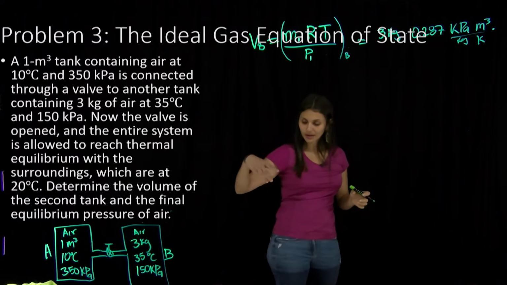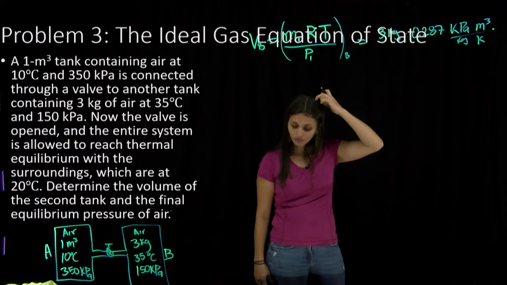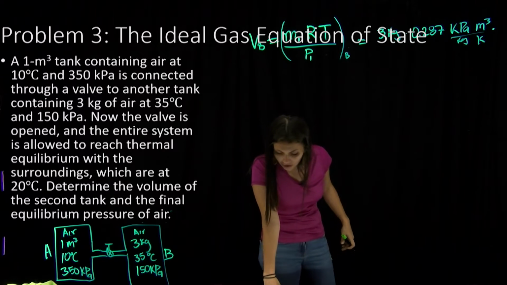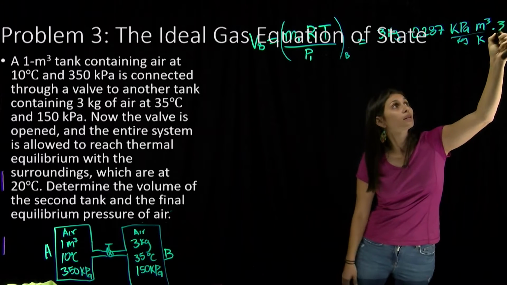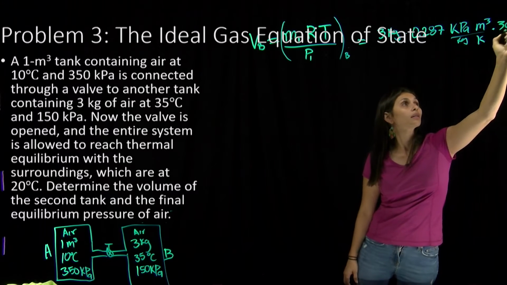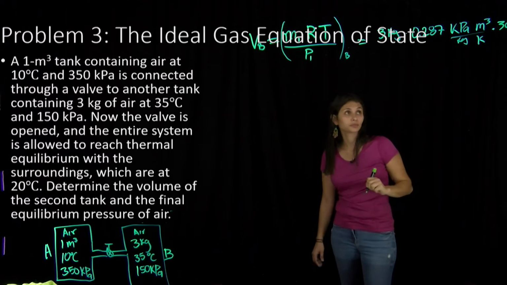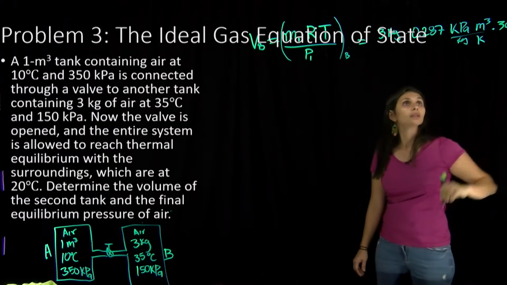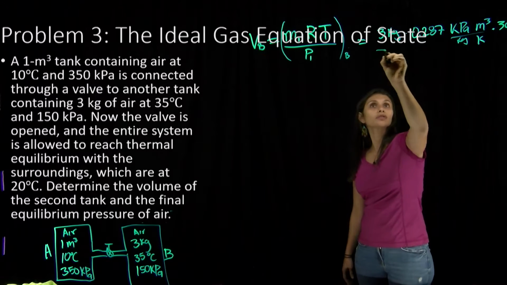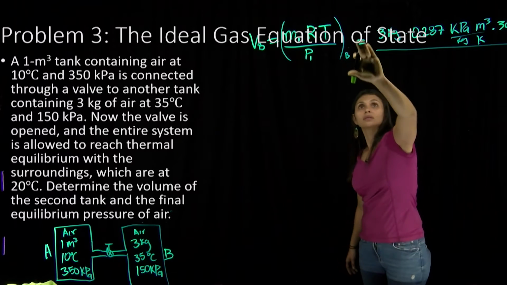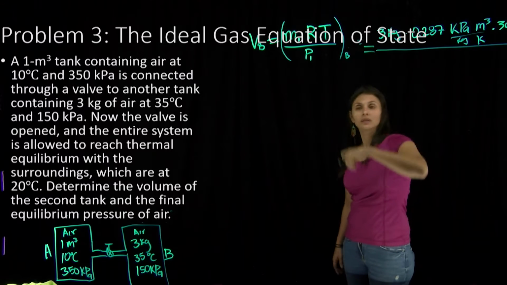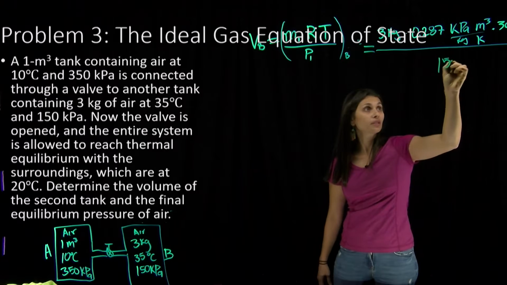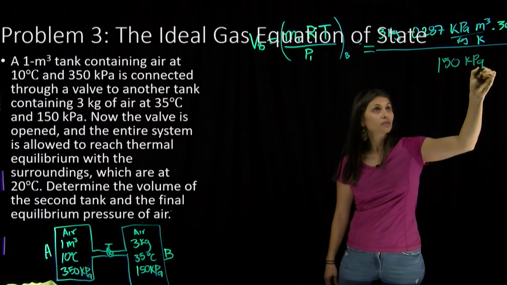If we convert that to Kelvin, that turns out to be 308 Kelvin. And the initial pressure is 150 kilopascals.